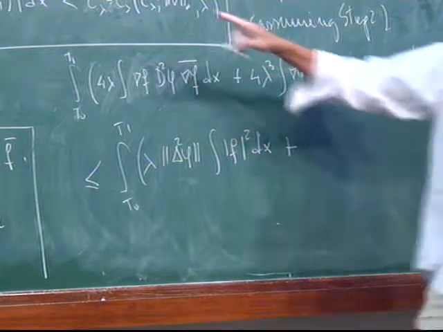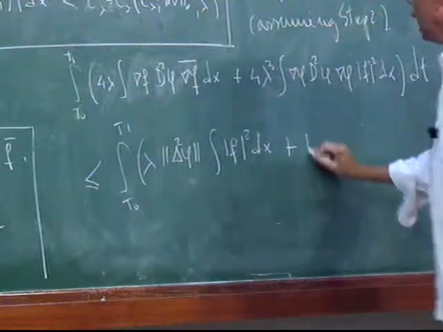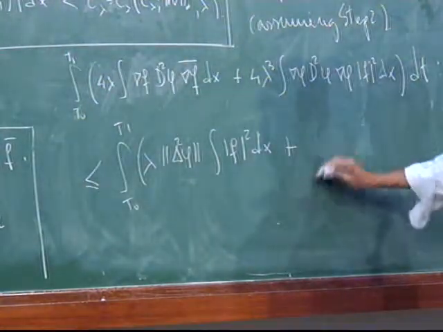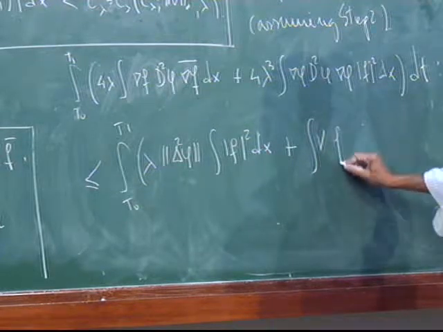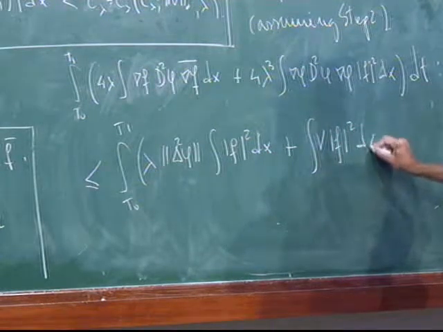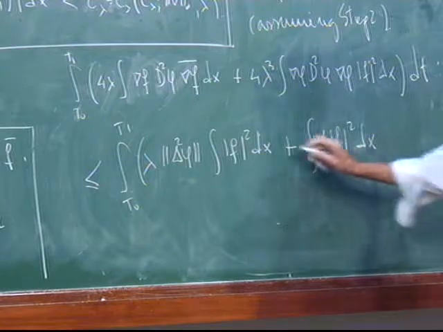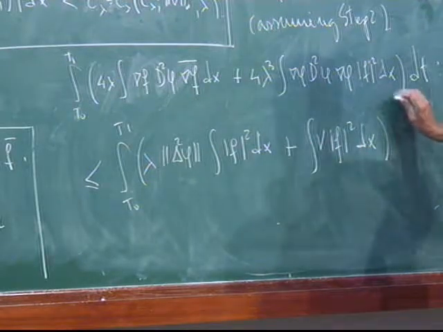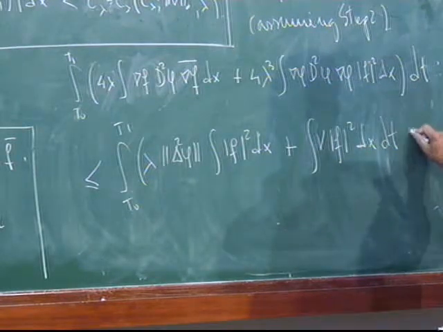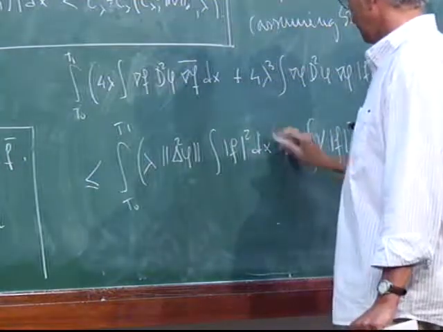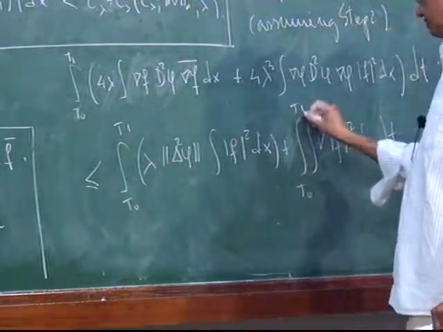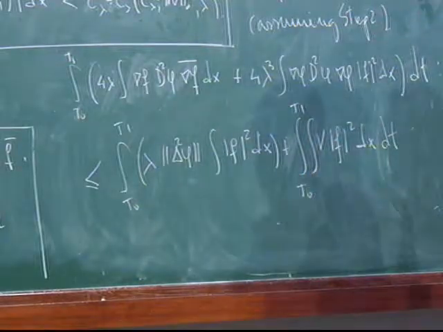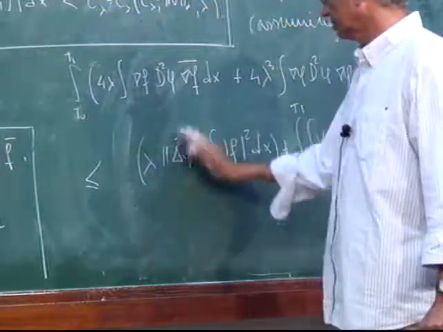This part is b. Then this is b in L infinity, f squared dx dt, and here you have this part, t0.